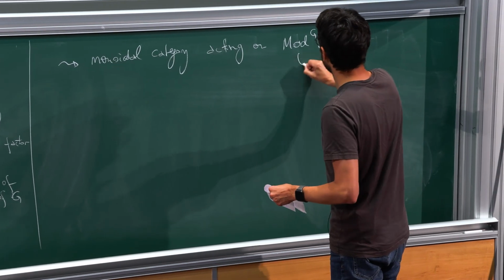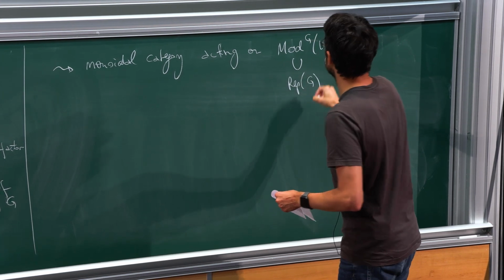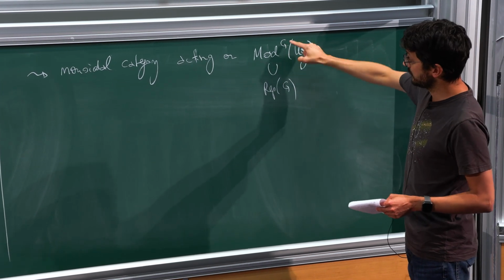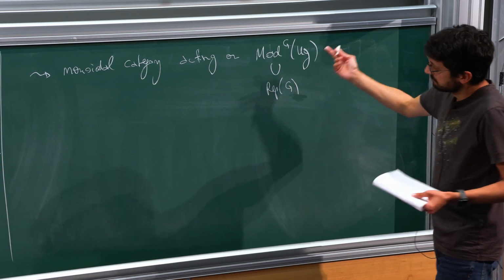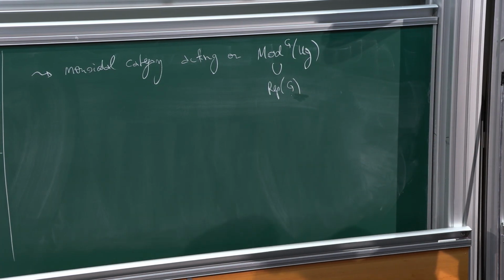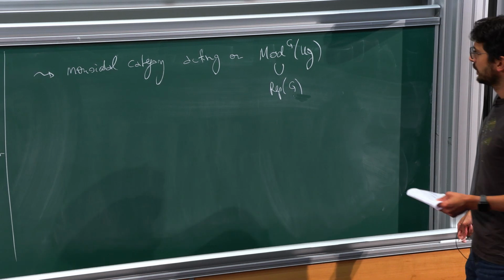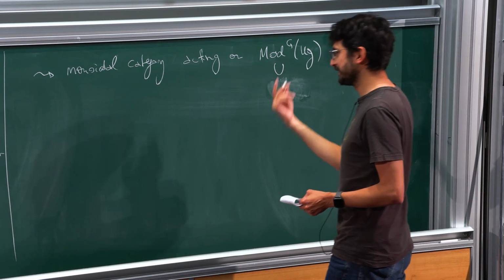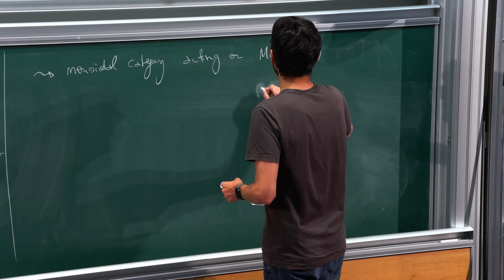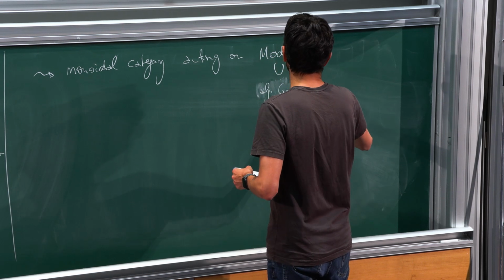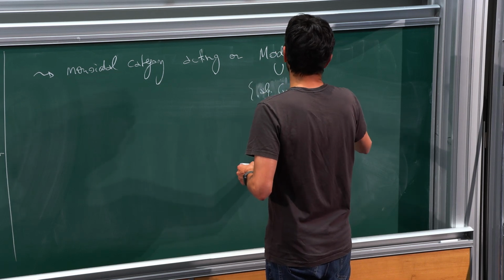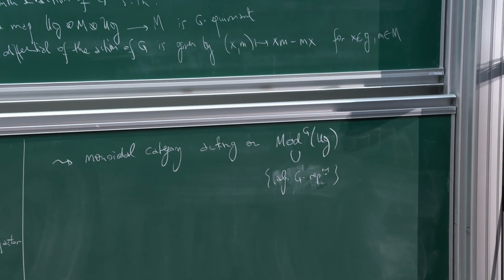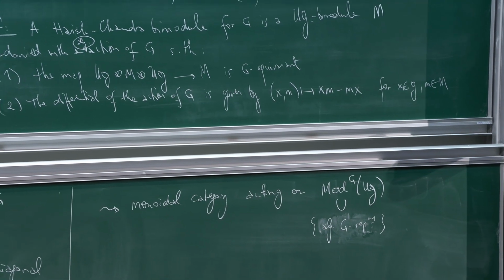In here, I have the special case of G-equivariant UG modules where the action of the Lie algebra is just the differential of the group, and this subcategory is equivalent to representations of G. In my notation, Rep G contains all algebraic G representations, and the action of Harish-Chandra bimodules on this category of modules will stabilize G representations.